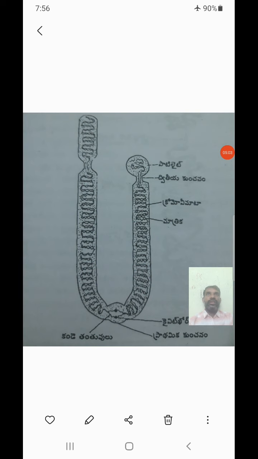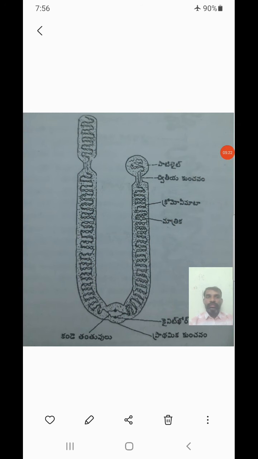We can observe polyploid as well. Usually all developing plant bodies have two sets of chromosomes, that is, they are diploid in nature. Next, this is called the genome.